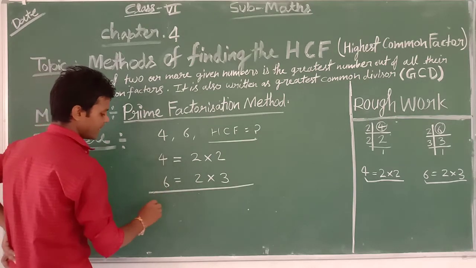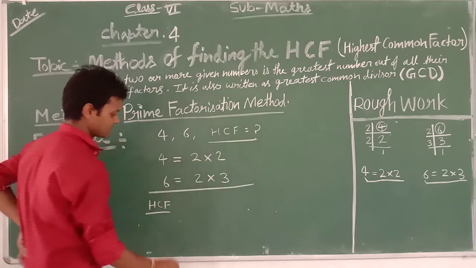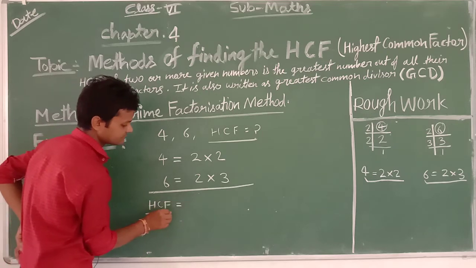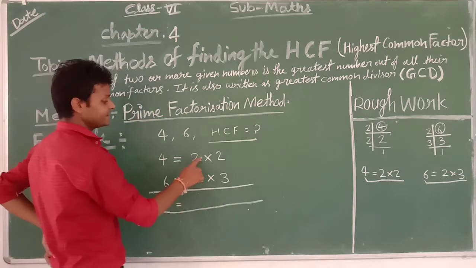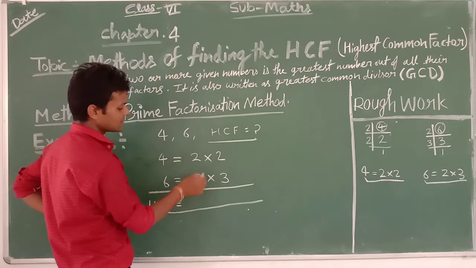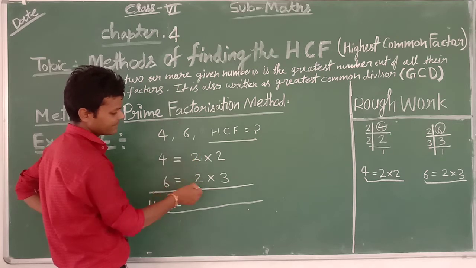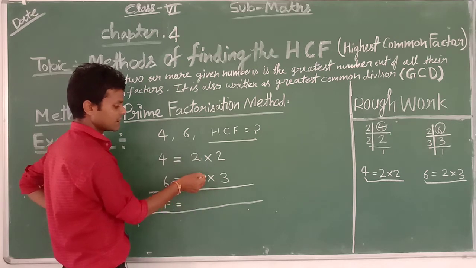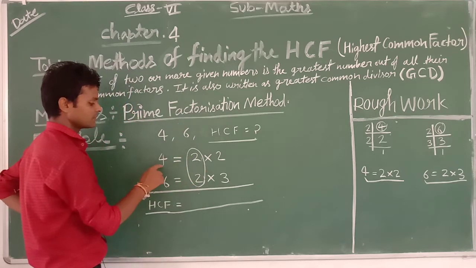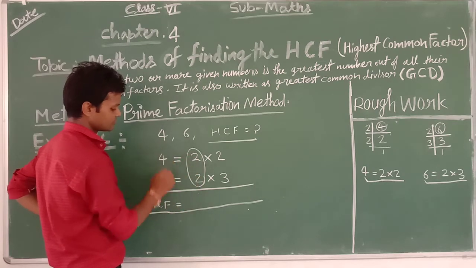Okay, and you write here HCF. You found the HCF, and you use the symbol of is equal to. Then the next work: look here and match the same numbers, match the pair of same numbers. Look, 2 is the same number in 4 and 6. This is a pair of both numbers.